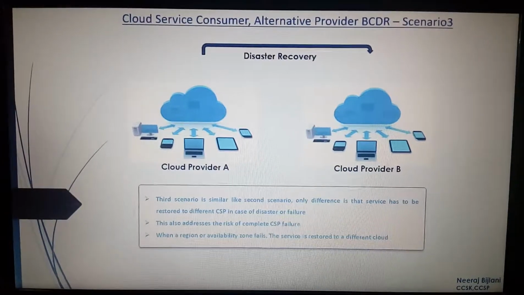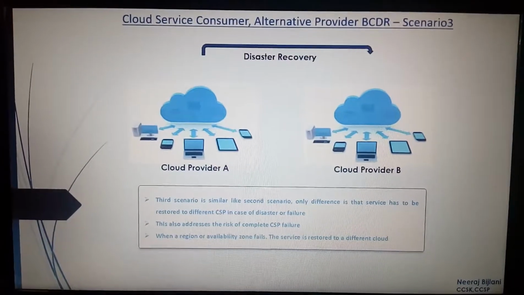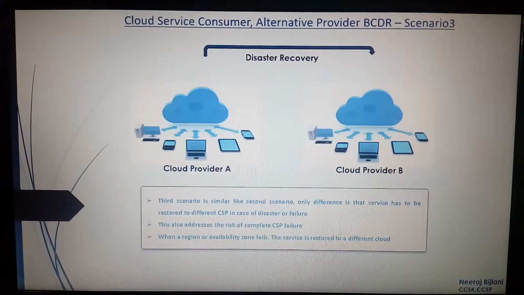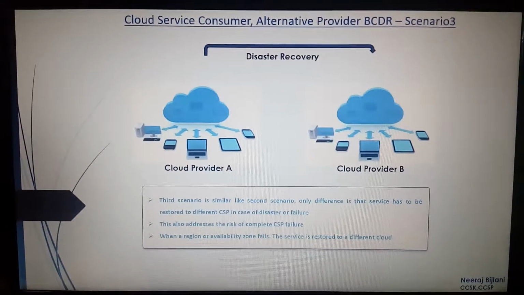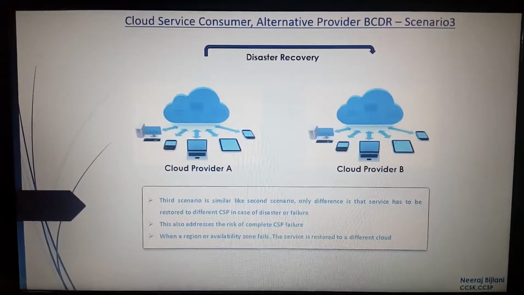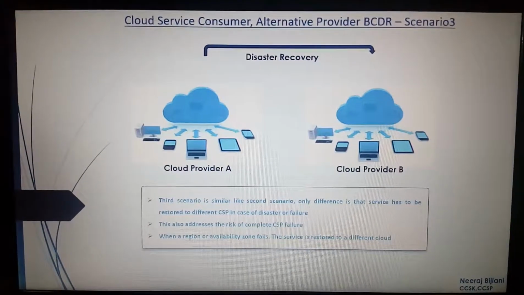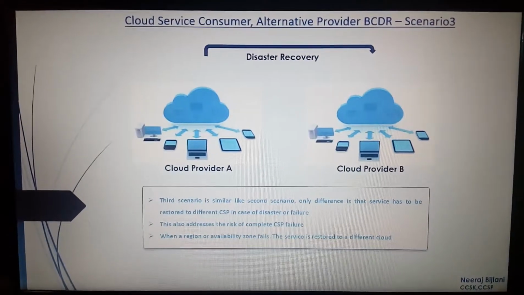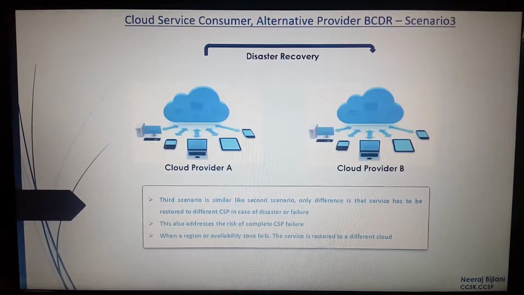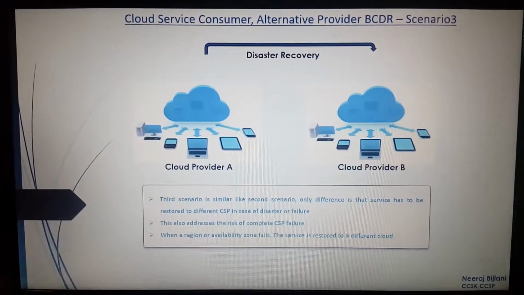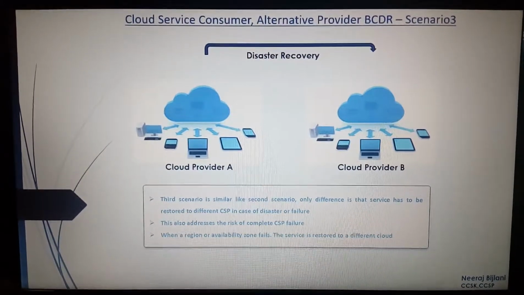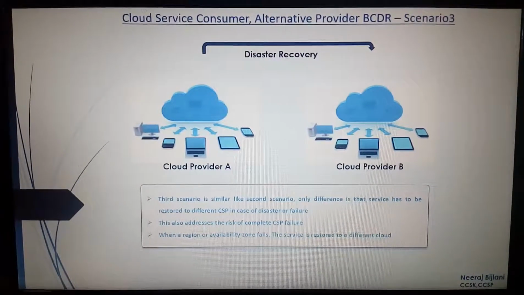This may be a little challenging where cost comes into the picture, because cloud provider A will have a certain set of technologies, tools and processes, and cloud provider B will have a different set of technologies, processes, and so on.